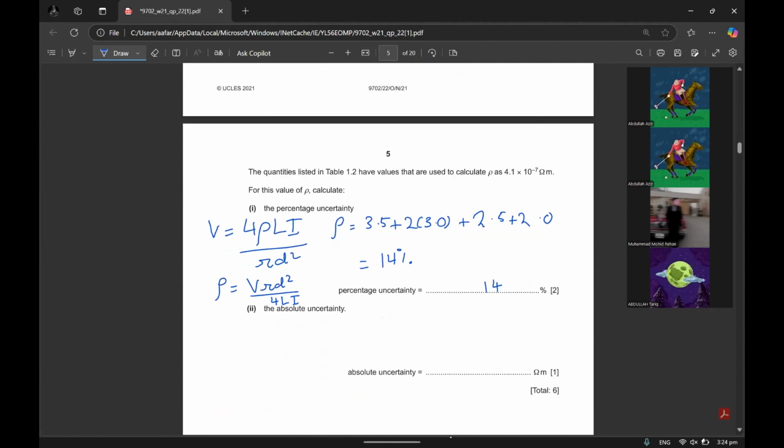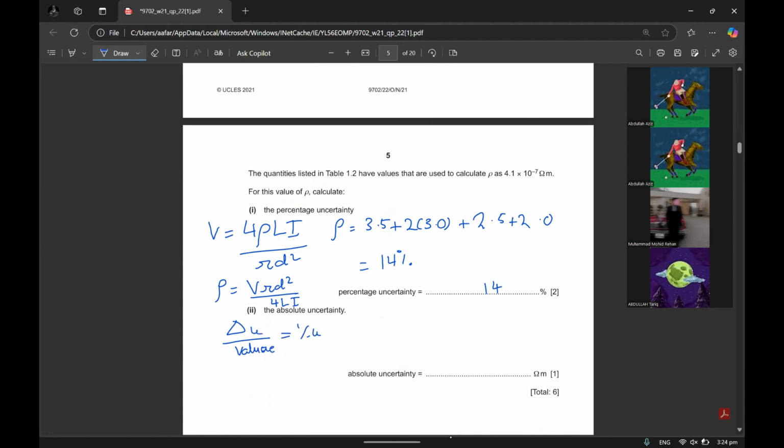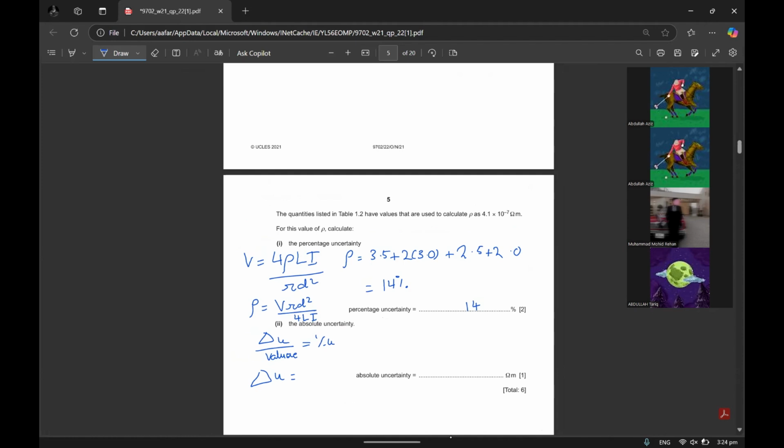The absolute uncertainty over the measured value is basically the percentage uncertainty. So if we multiply the percentage uncertainty by the value, we should essentially get the absolute uncertainty.